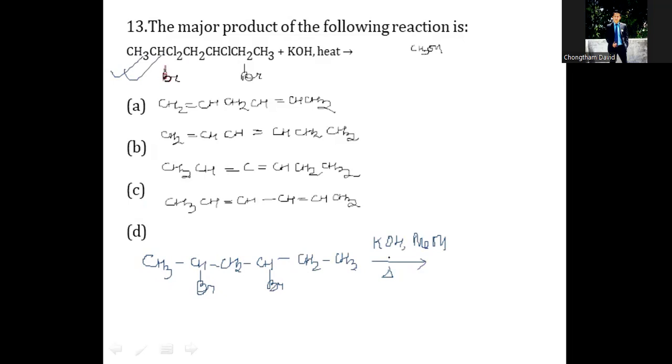After heating, an elimination reaction takes place. And according to Saytzeff's rule, the major product will be the one with the maximum alkylated group. Here you are obtaining two products, okay? So you have to check the rule given by Saytzeff's rule.